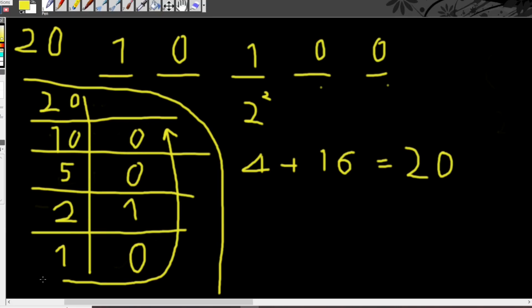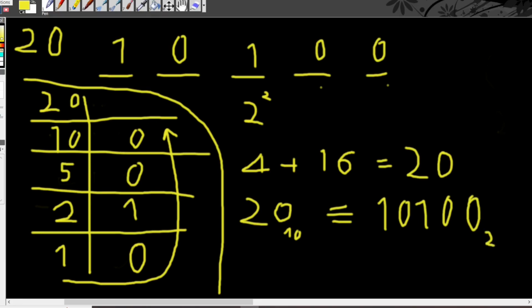Then we start from the bottom, work our way up, and that gives us our equivalent binary number. Therefore, we can say 20 in base 10 is equivalent to 10100 in base 2, in binary.